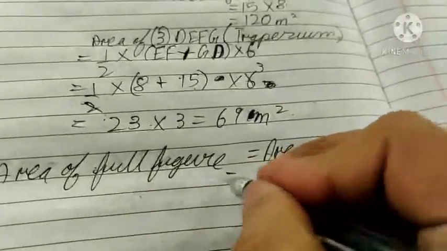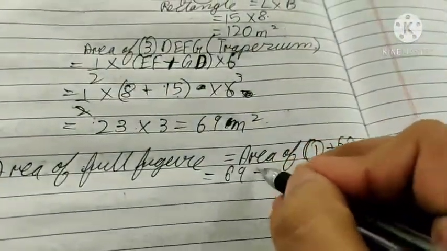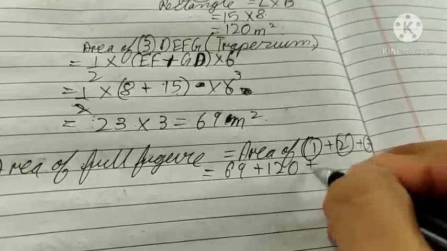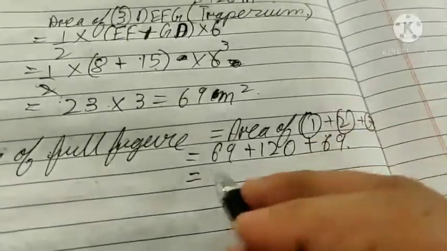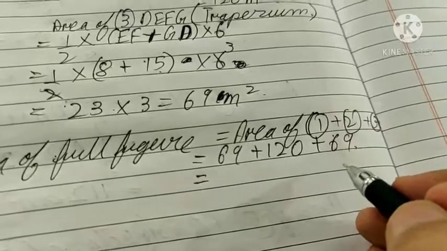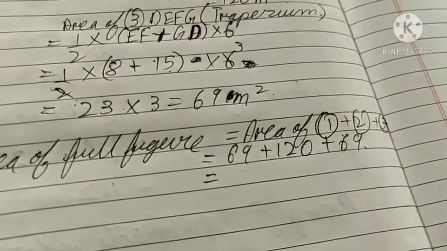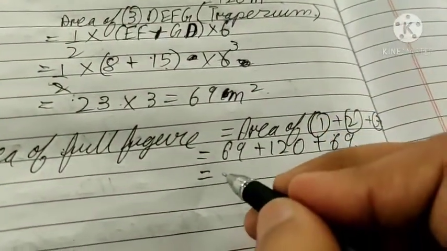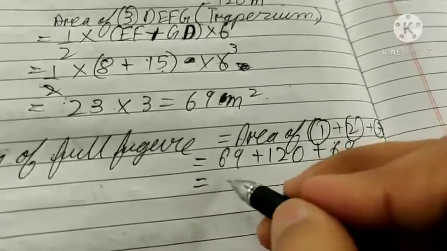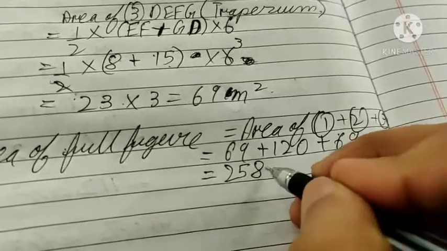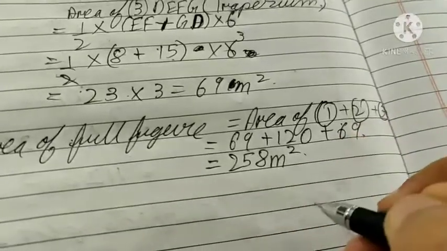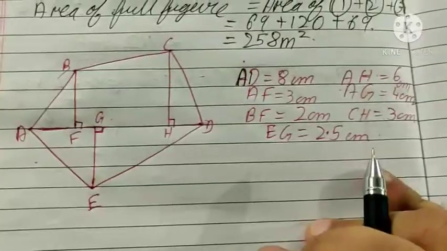Okay, so area of 1 here is 69 plus area of 2 is 120, area of 3 is 69. So 69 plus 69 is 138, 138 and 120, it is 258 meter square. This is the answer.